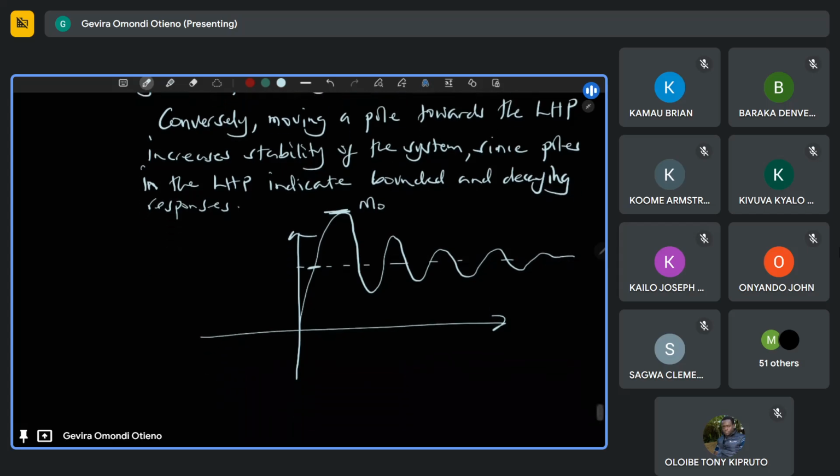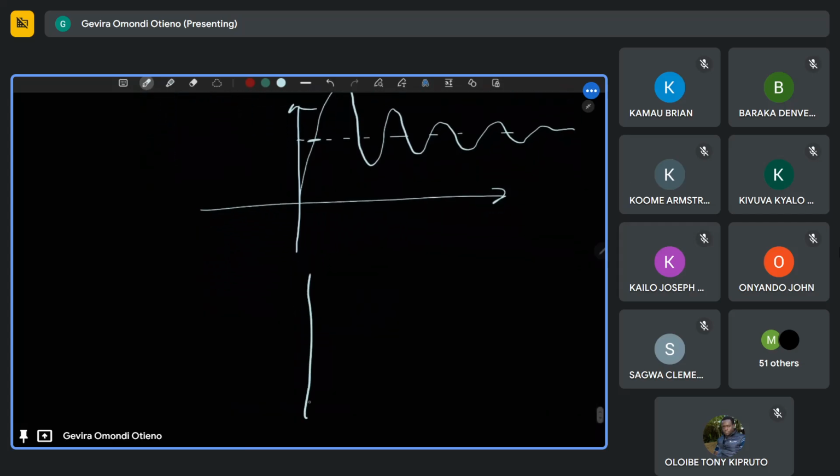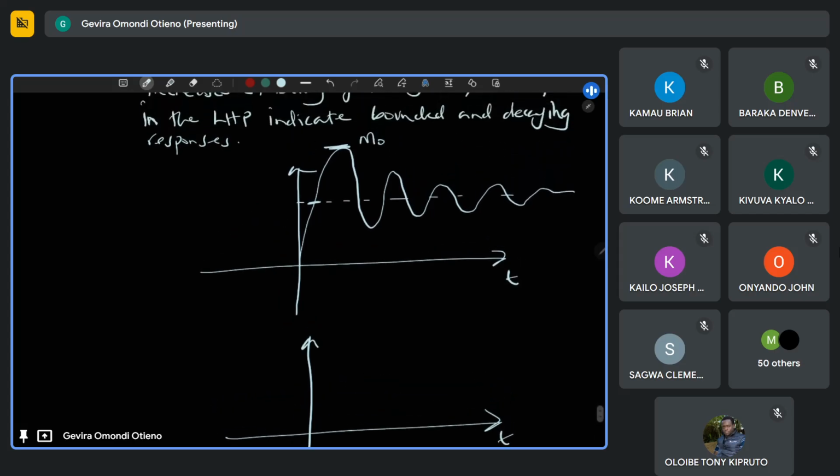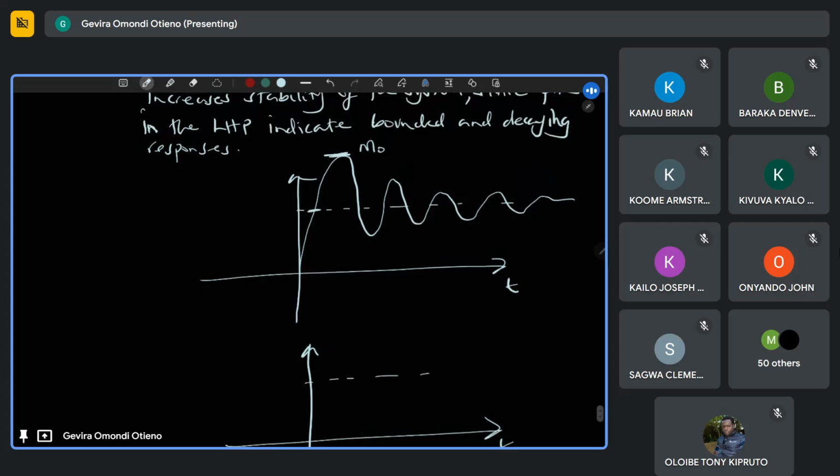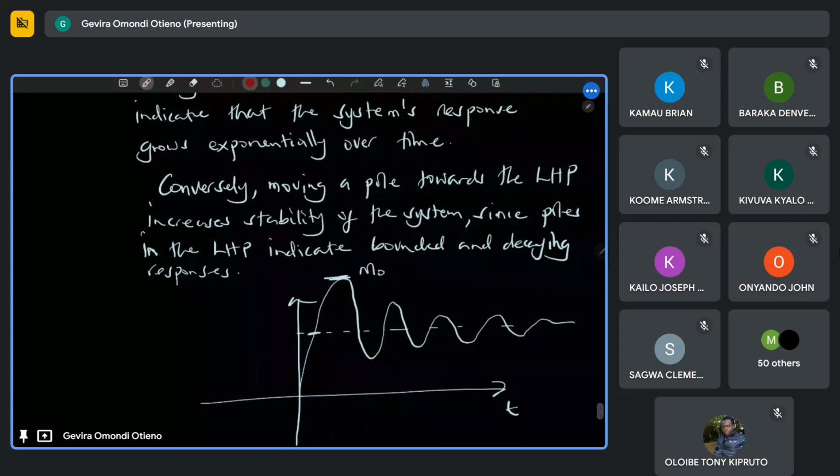But if you move a pole towards the left half plane, actually I should draw it on the same scale here. What you will have is a system that decays faster. Okay. So this is the right half plane pole.